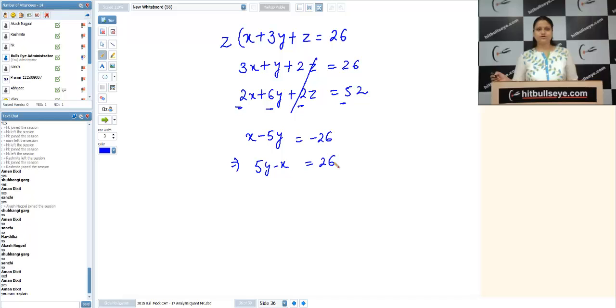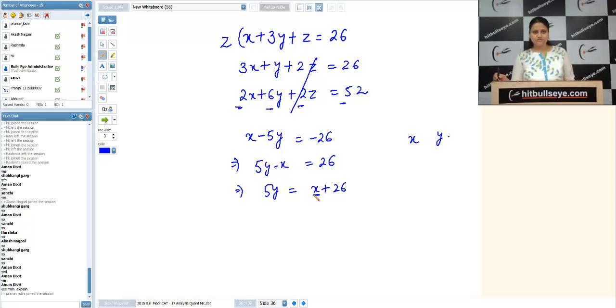Now we will write all the possible solutions here. 5y is equal to x plus 26, so I can write x and y's values by taking various values. We will take the value of x for which x plus 26 will be a multiple of 5, because y is equal to x plus 26 by 5.